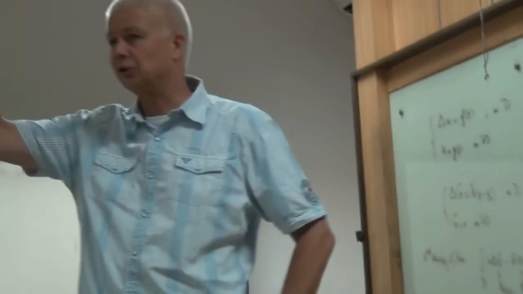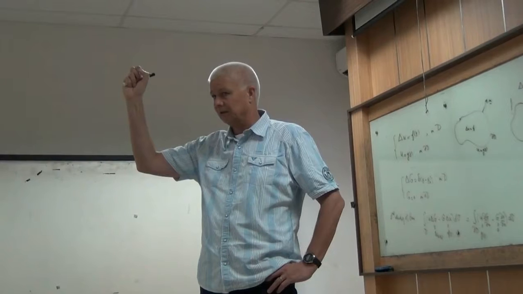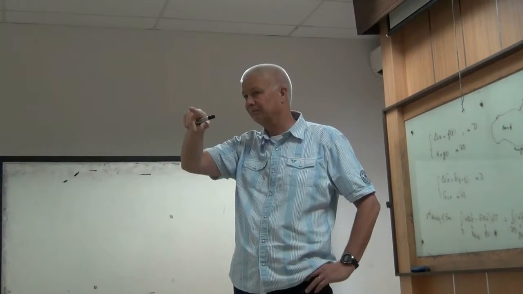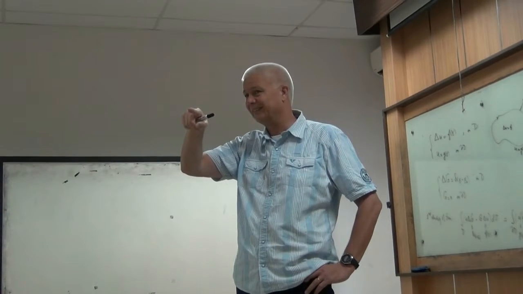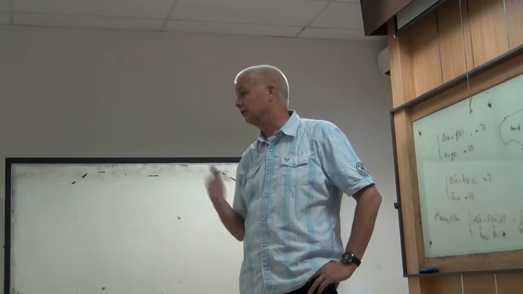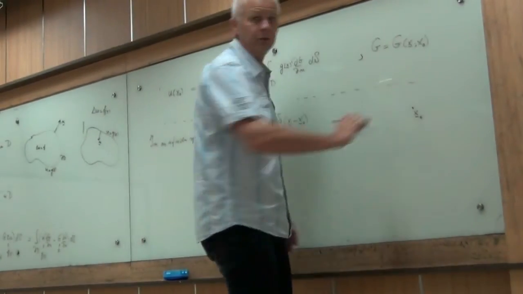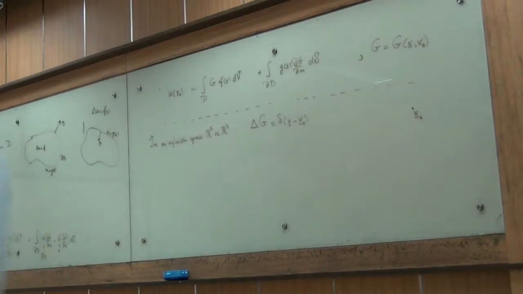Think physics. If I have here a heat source, what do you expect? There is a circular symmetry or a spherical symmetry. It doesn't matter in what direction you go. So you expect that your solution will be only dependent on the radius and not on the angle.